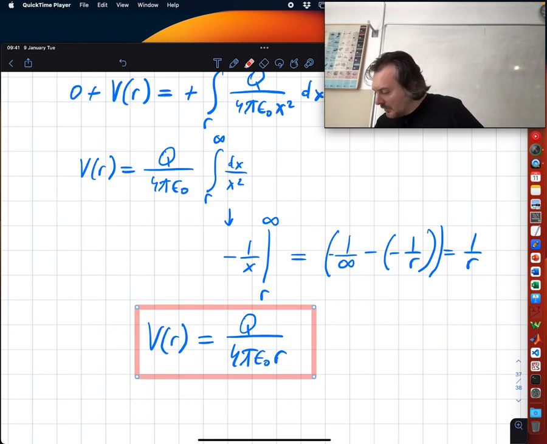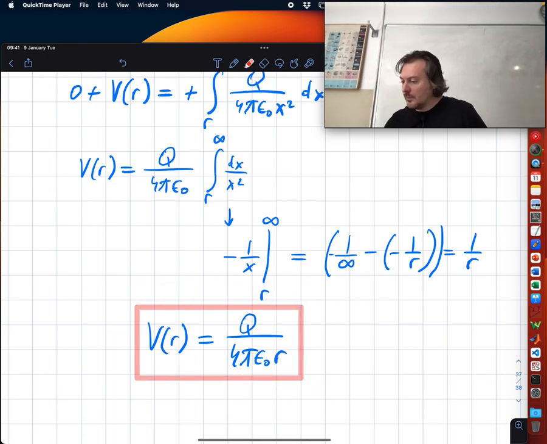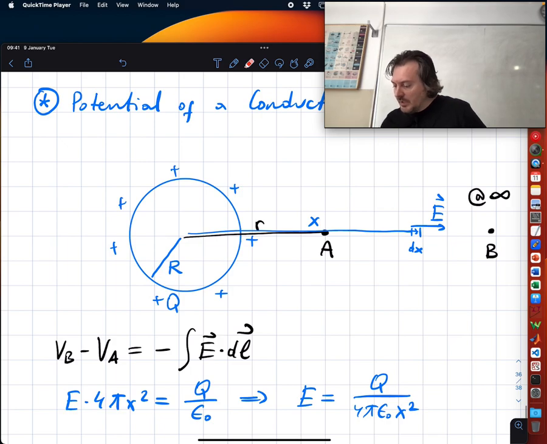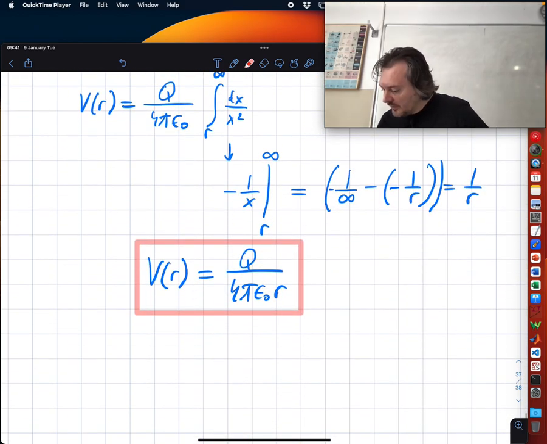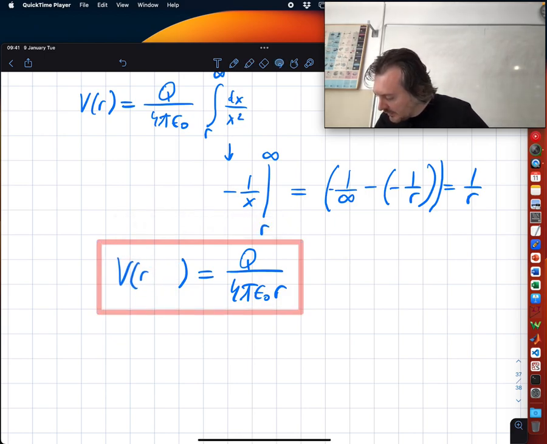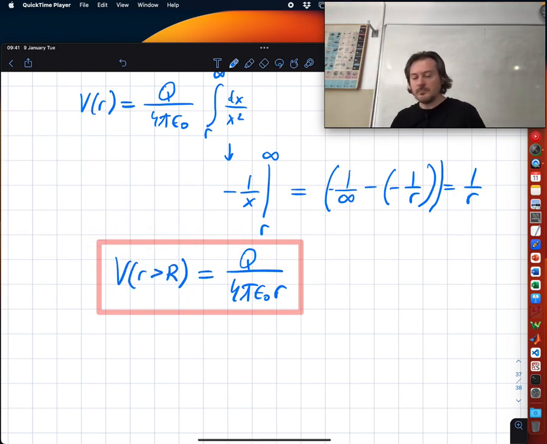All right. Do you have any questions? No? Now, we are not done with this problem. We have found potential outside the sphere. So let me just write it like this. We have basically found V(r) for r greater than R. What if we are inside the conducting sphere?